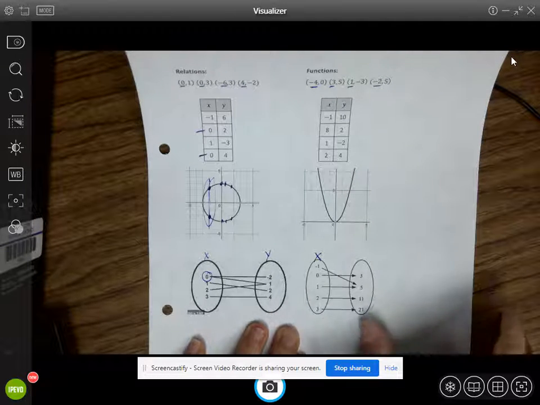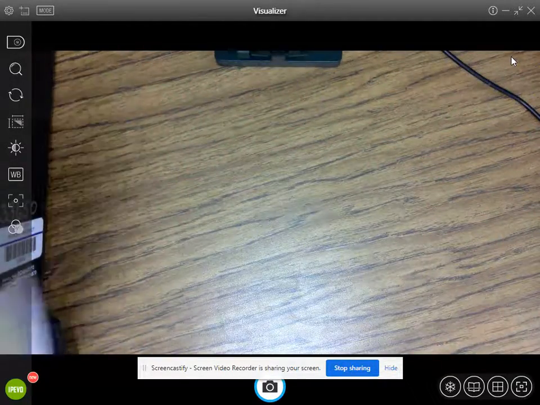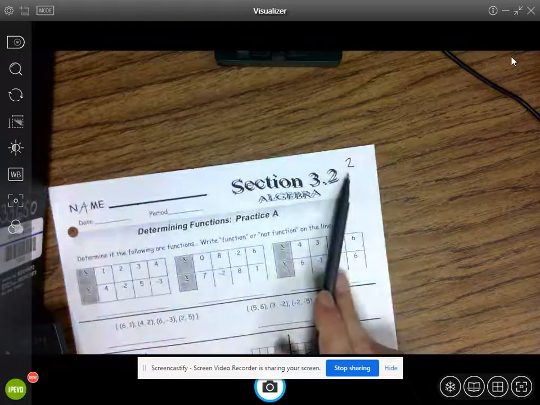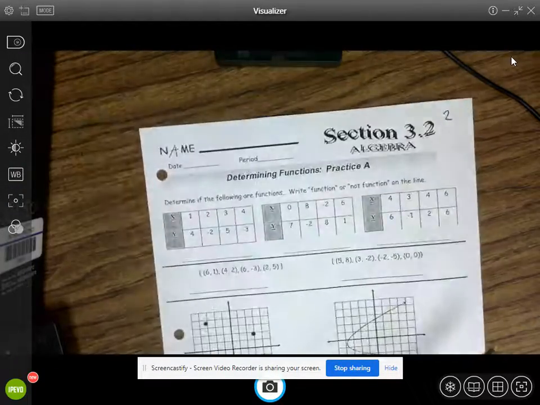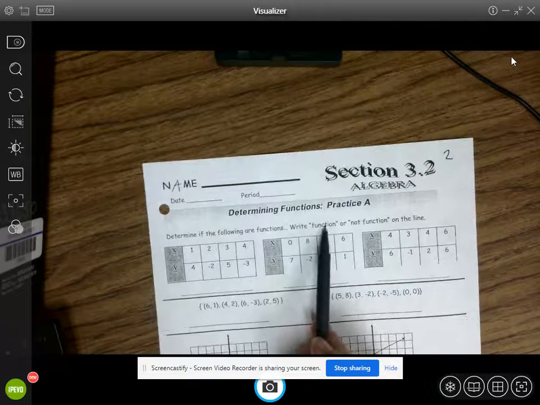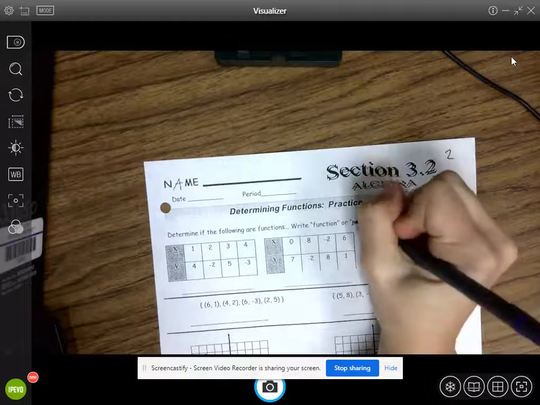Okay? The next thing on your agenda is completing page 2, front and back. I want you to write function if it's a function.